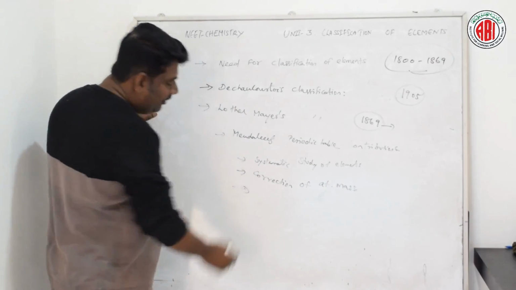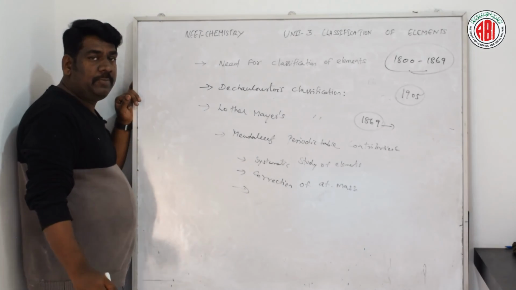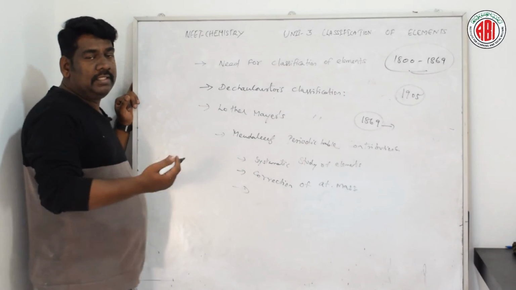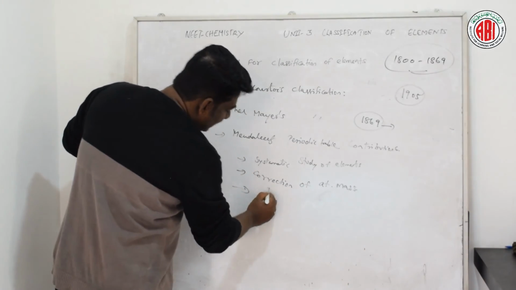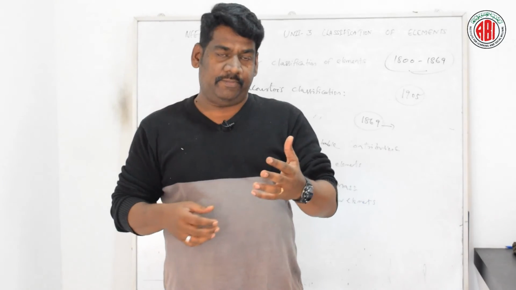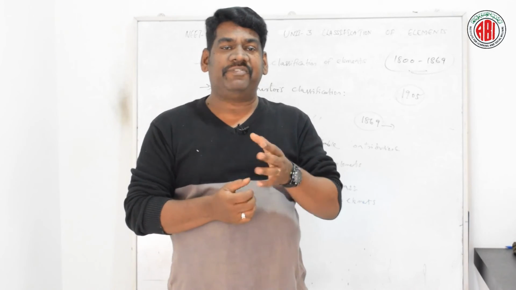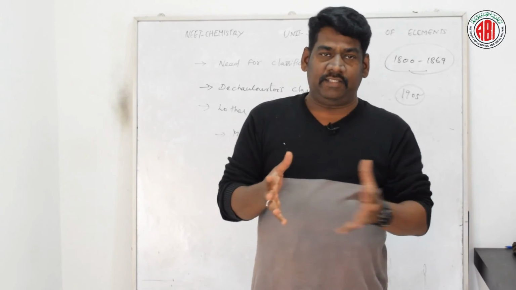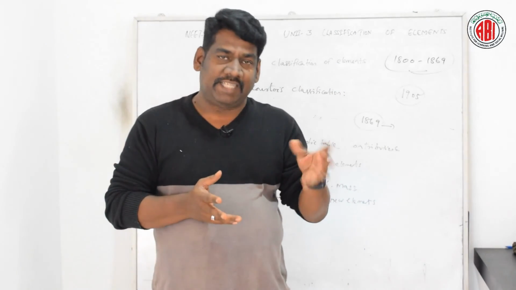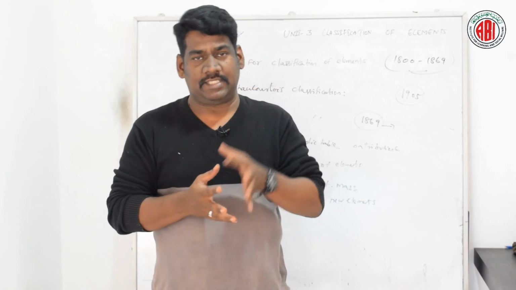Finally, the most important contribution of the Mendeleev periodic table is the prediction of new elements. At the time of Mendeleev, only 56 elements were known. But while arranging these elements, he left some gaps or spaces.